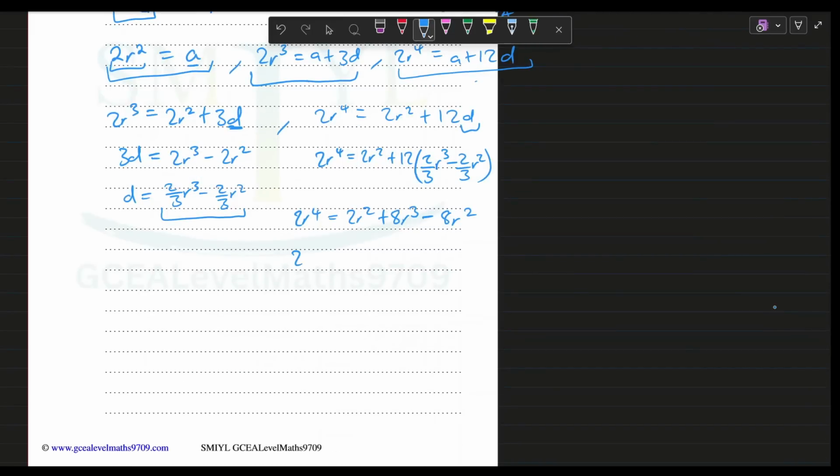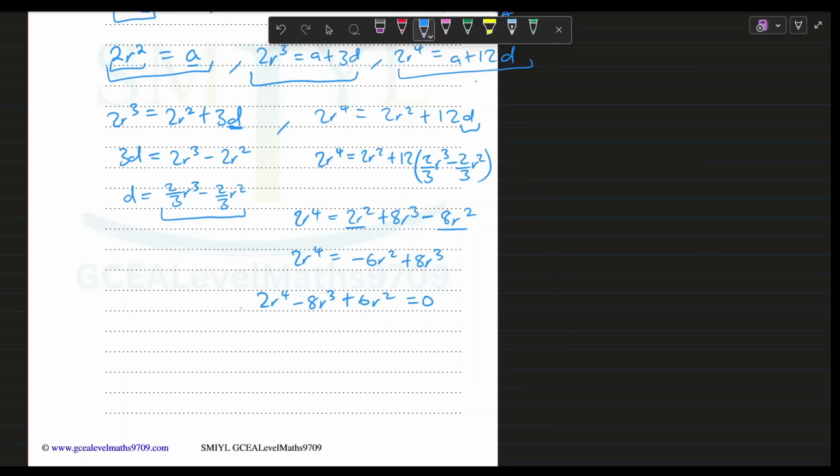We've got 2r to the 4 is equal to 2r squared minus 8r squared. So that gives us negative 6r squared plus 8r cubed. Let's put everything on one side. So you get 2r to the 4 minus 8r cubed plus 6r squared is equal to 0.